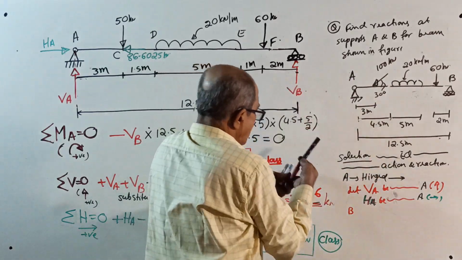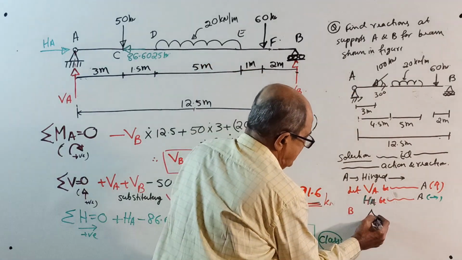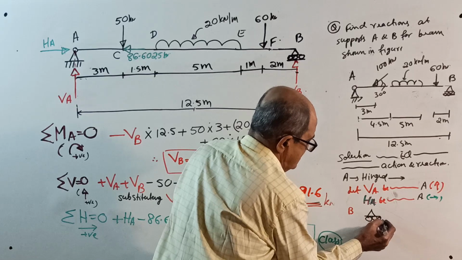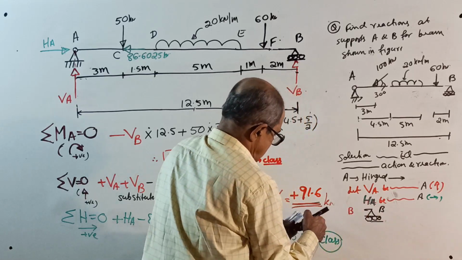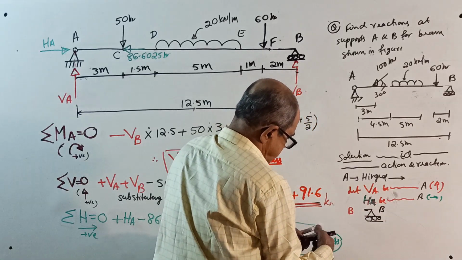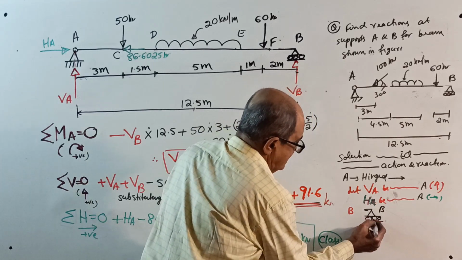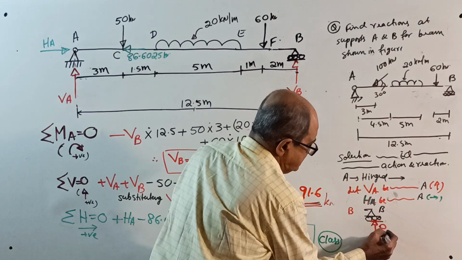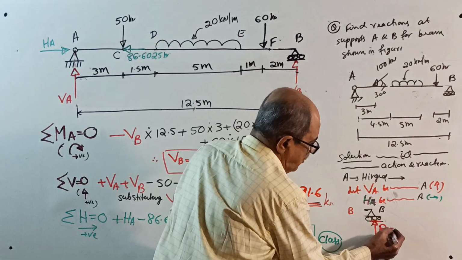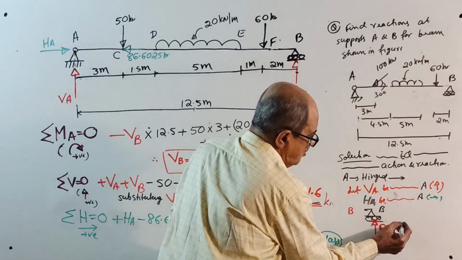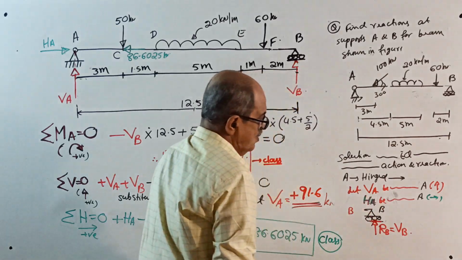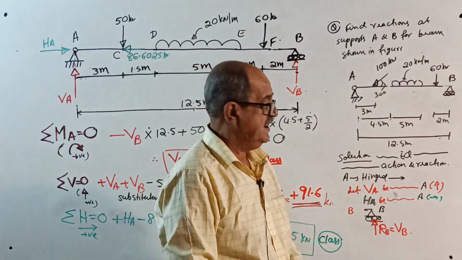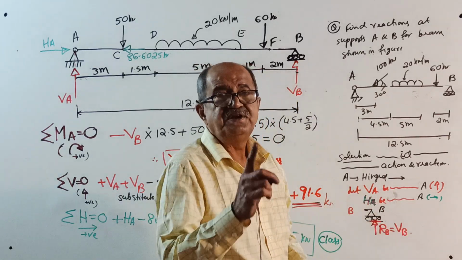Since the roller is horizontal here, reaction at B will be perpendicular, like this. This is your reaction at B, RB. Of course, since it is vertical, we will call it VB. Okay, you write all these. Now one statement you have to write.